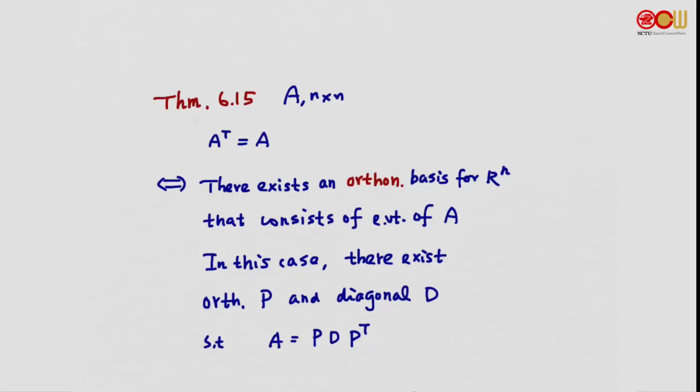Now the main result. A is an n by n matrix. A transpose is equal to A, that is, A is symmetric, if and only if there exists an orthonormal basis for Rn that consists of eigenvectors of A. In this case, there exist orthogonal P and diagonal D, so that A can be written in this form.